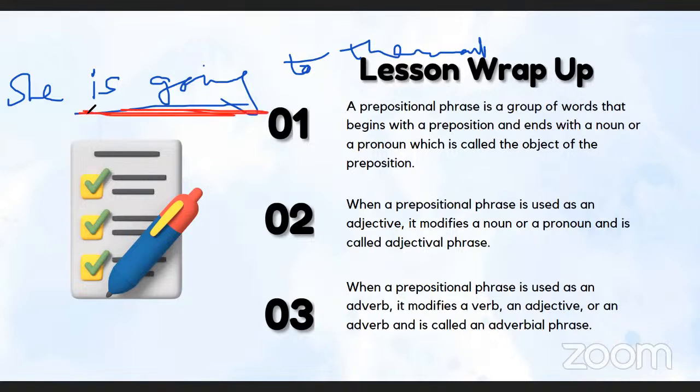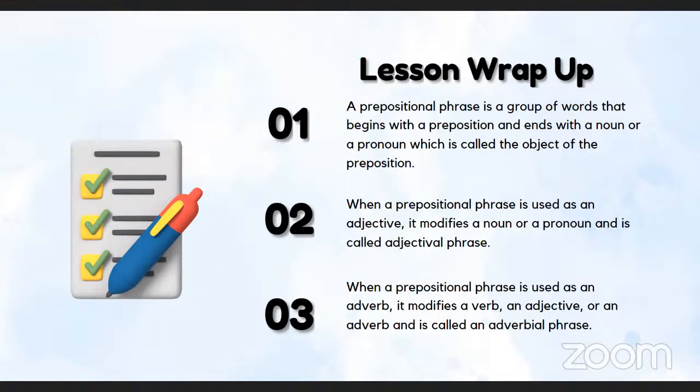If two verbs are together, a helping verb and a main verb, we'll call it a verb phrase. That's it. We don't have any science here. We don't have anything to learn a lot. If two verbs are together that alone outside of the sentence cannot make any sense, you'll call them a verb phrase. Now we are done with all types of phrases that are included in Jolly Grammar.